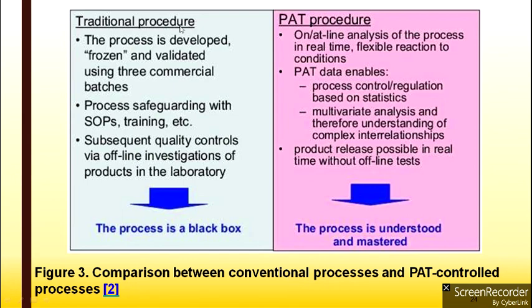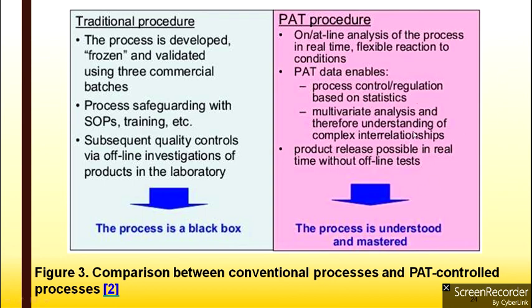In the traditional procedure, the process is a black box. That is, you don't know what is happening. It is just a mechanical process, and you are only analyzing the final product. Whereas in PAT, every critical step in a process is chosen and analyzed, so that at-line, online or inline analysis will be done, and a lot of statistical tools will tell you what the variation in the product is.